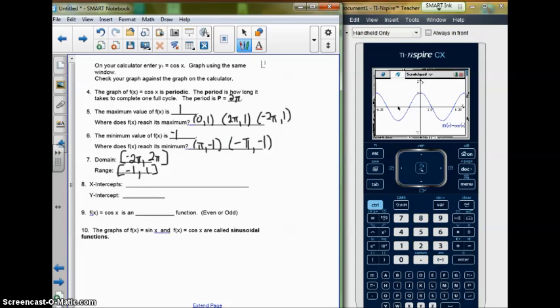We can see it does it in 4 places, and those were pi over 2, 3 pi over 2, negative pi over 2, and negative 3 pi over 2. The y-intercept is 0, 1.